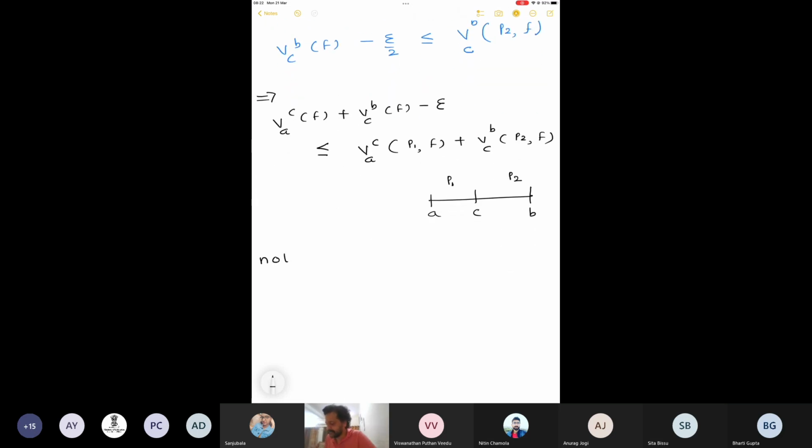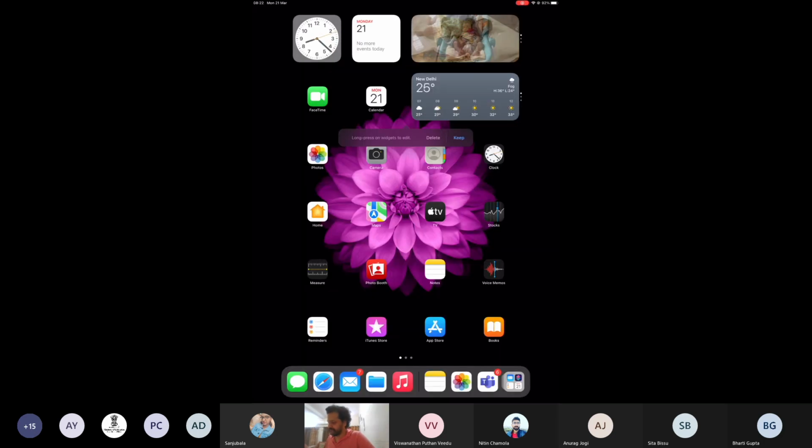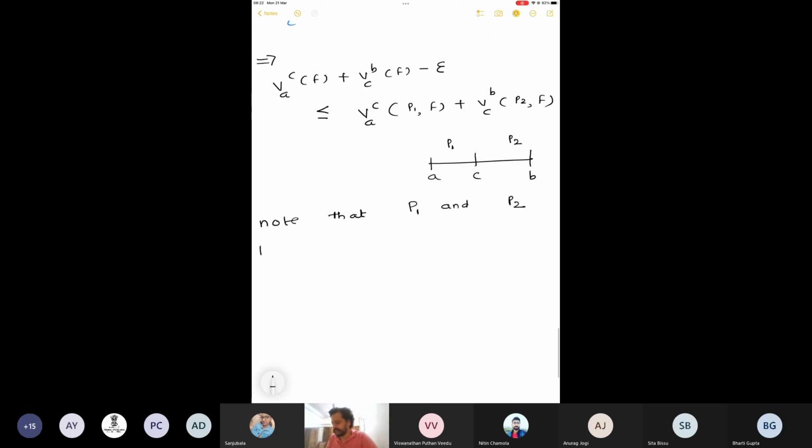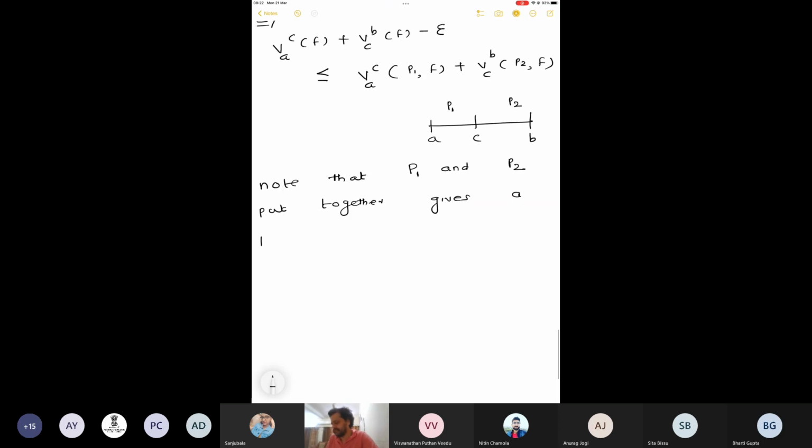Note that P1 and P2 put together gives a partition P of AB.